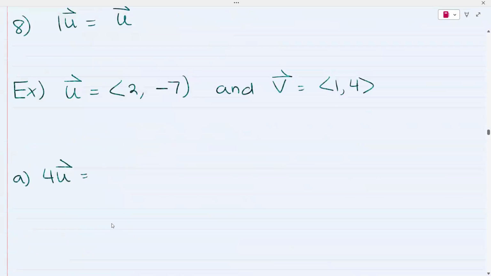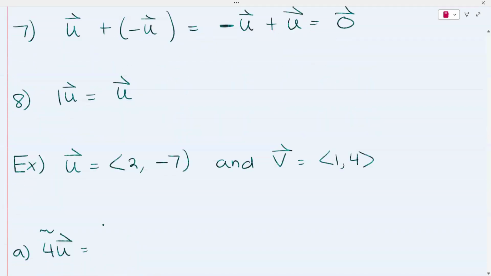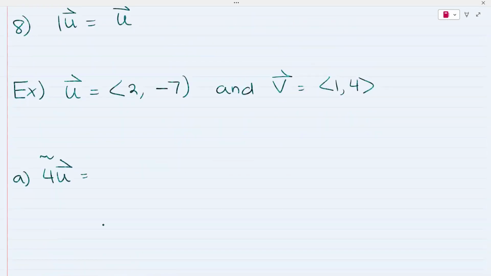Okay, so let's do some examples. Let's say you have vector u, which is 2 comma negative 7, and vector v is 1 comma 4. Part A says find 4 times vector u. So 4 is a scalar. You can rewrite vector u as a transpose vector, so this would be 2 comma negative 7.